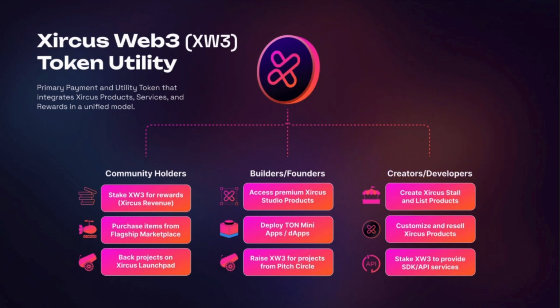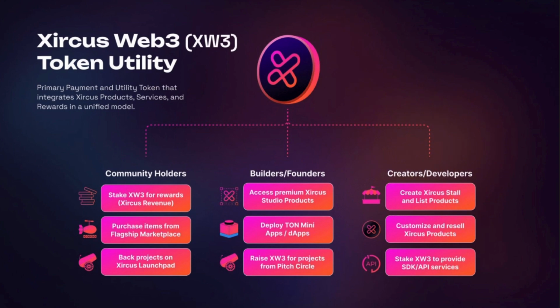So this creates a secondary market for our products, and XW3 is the token utility that facilitates these types of exchanges. And third, developers can stake XW3 to provide SDK or API services. So SDKs and APIs are tools that help developers build on and with Circus.